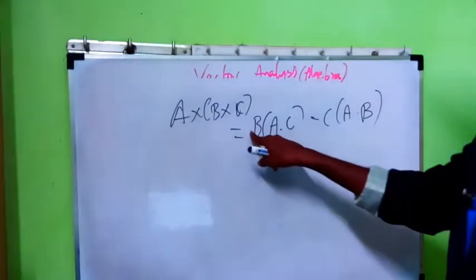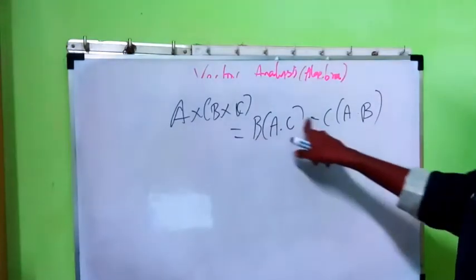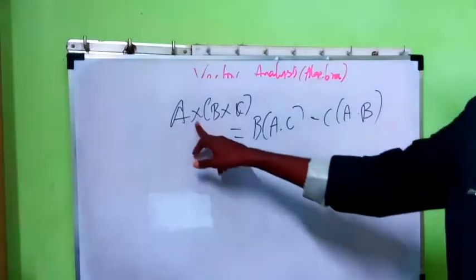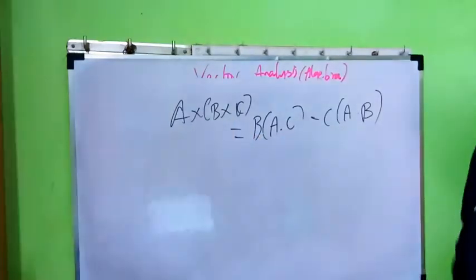Why do I have a minus here? Please look here. A, B, C is in order, right? But here there's a cross here and a dot here.